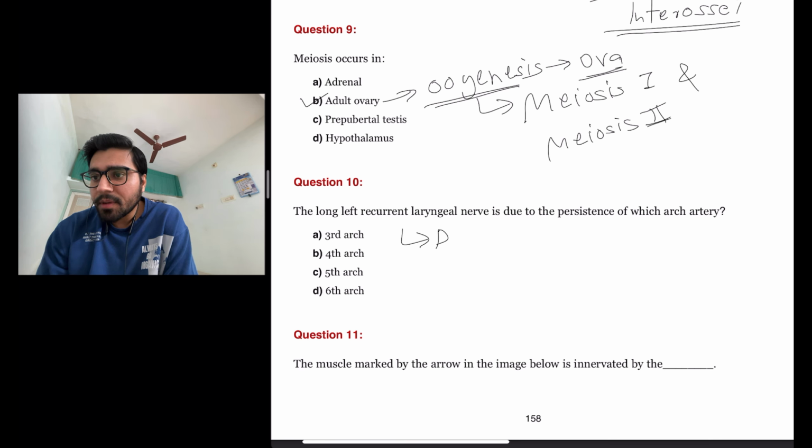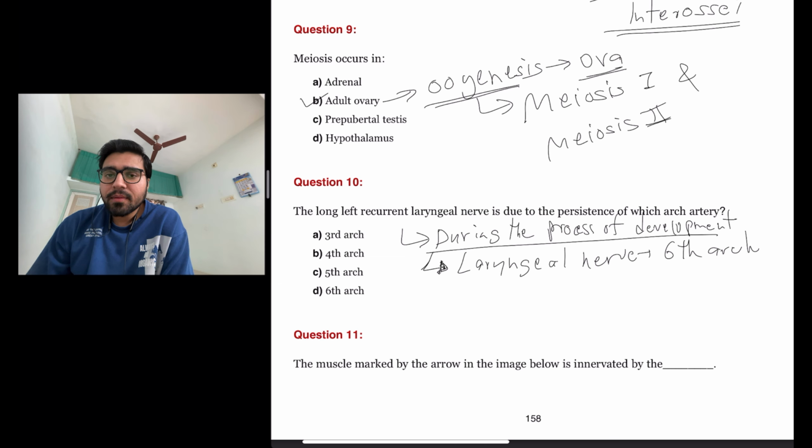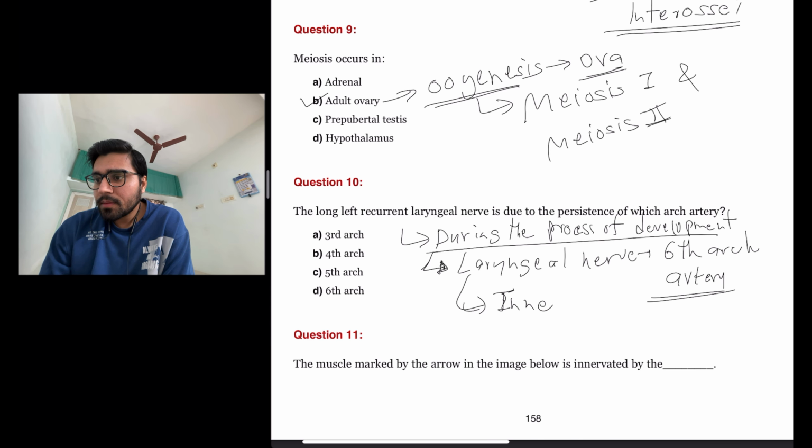So during the process of development, the laryngeal nerve that arises below the sixth arch artery innervates the intrinsic muscles of the larynx.